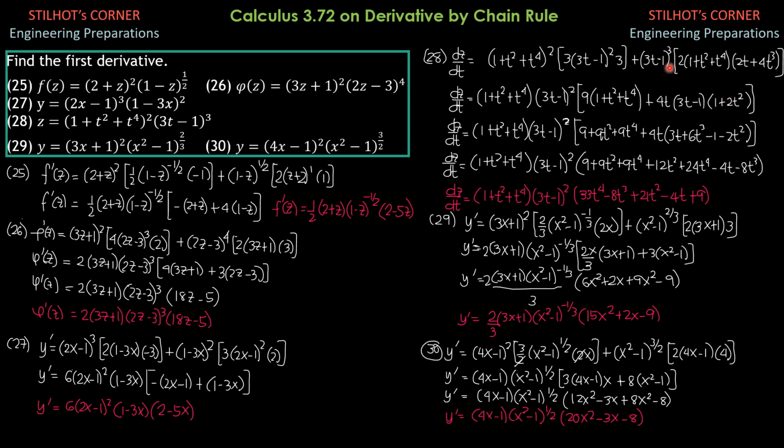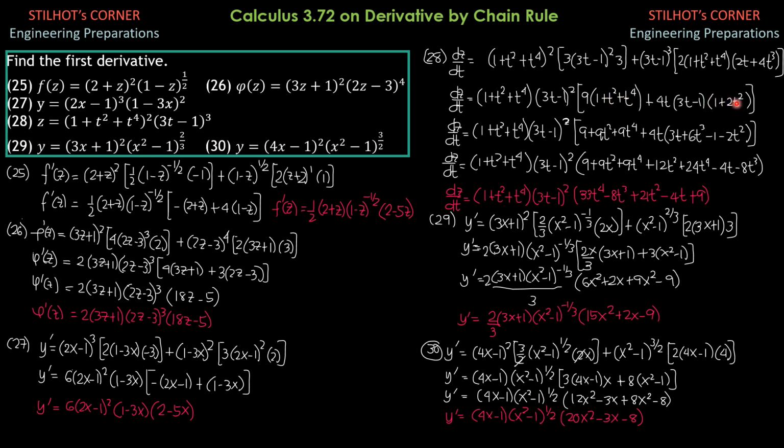So this term here divided by this common factor is 4t, where 4t is 2 times 2t if we factor out 2t here. Then we have 1 plus 2t squared, which is that. Then the rest, we have 3t minus 1 raised to 1. So that's it.